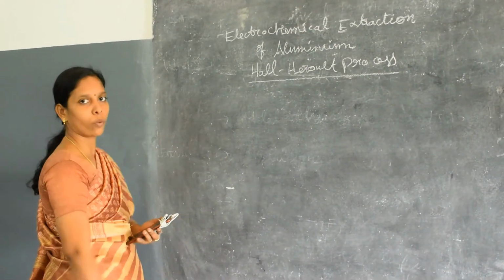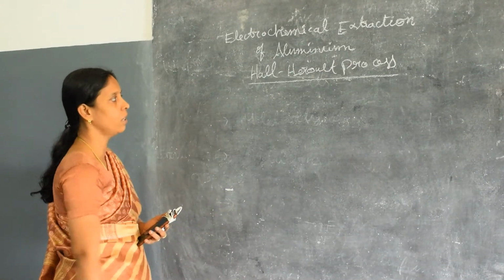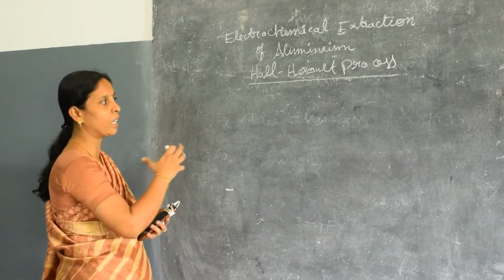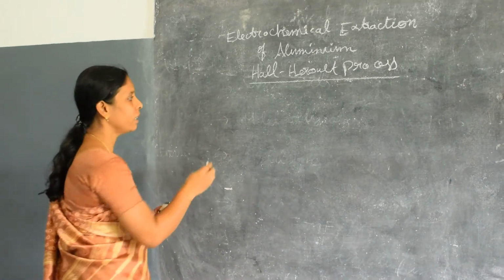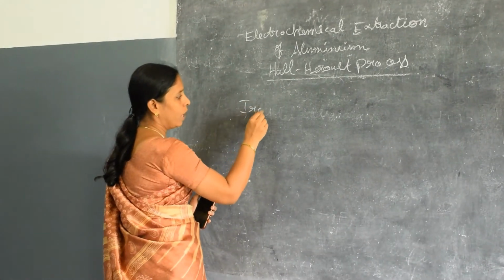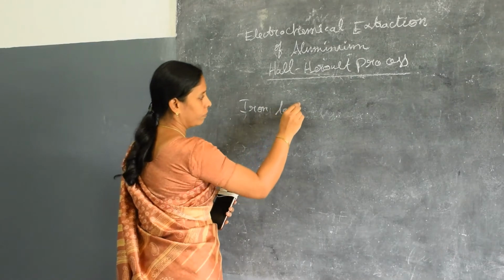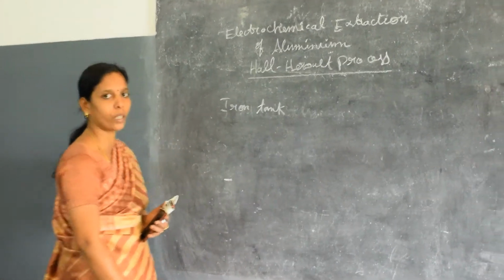In the Hall-Heroult process, the electrolysis is carried out in an iron tank.